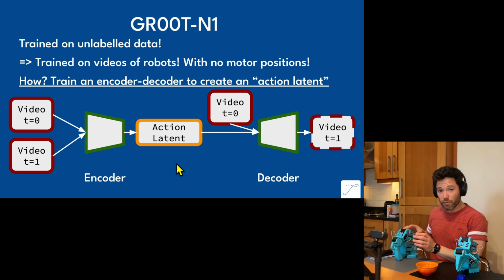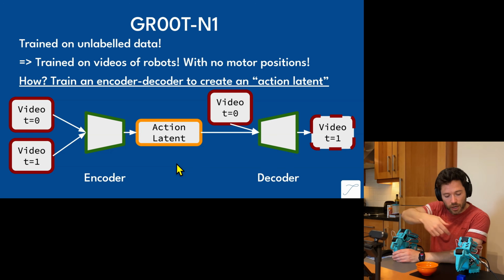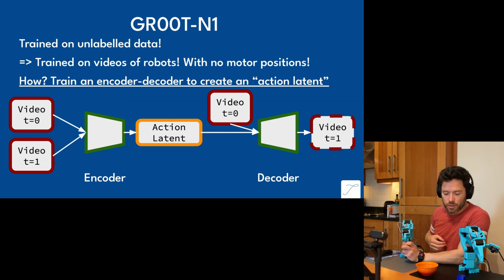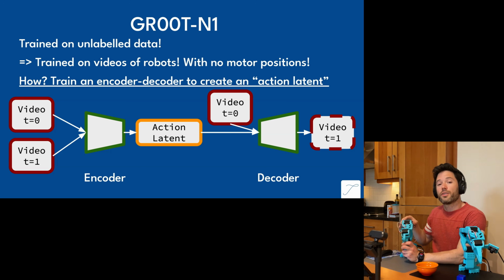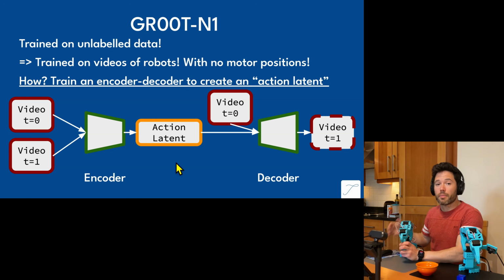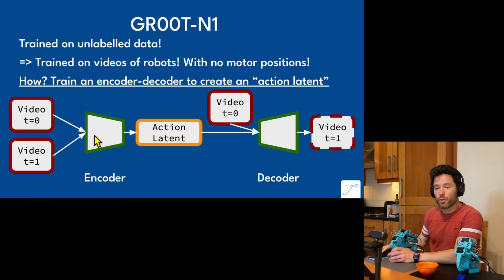Think first of all of a video. Maybe you could record a video of this arm or this one here, and you've got a time equals 0 position on your video, and you have a time equals 1 position. And the idea to get these abstract representations of that movement is to take those two time stamps, this one time equals 0 and 1, and pass them to an encoder whose job is to create that latent, which is a vector representing the movement.